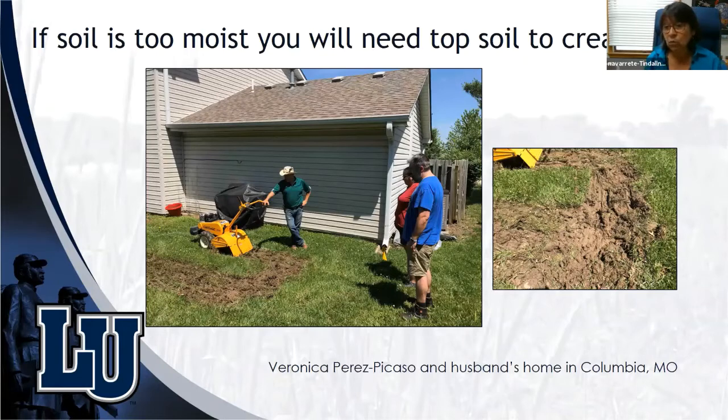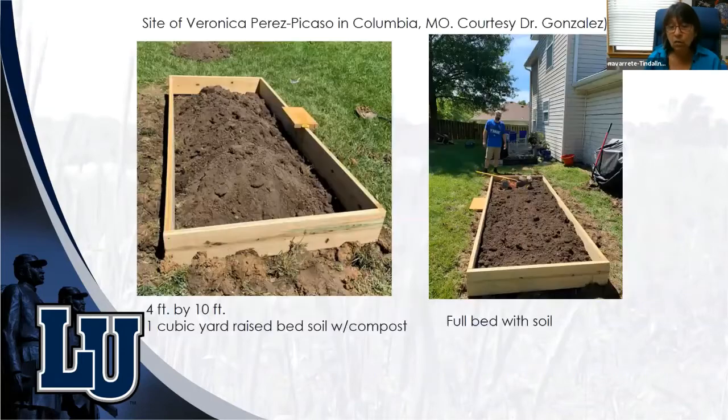You can almost see how muddy the area was. So what they did is that they bought soil with compost. They added a cubic yard, and instructed by Dr. Gonzalez, they built a 4 feet by 10 feet raised bed with wood.